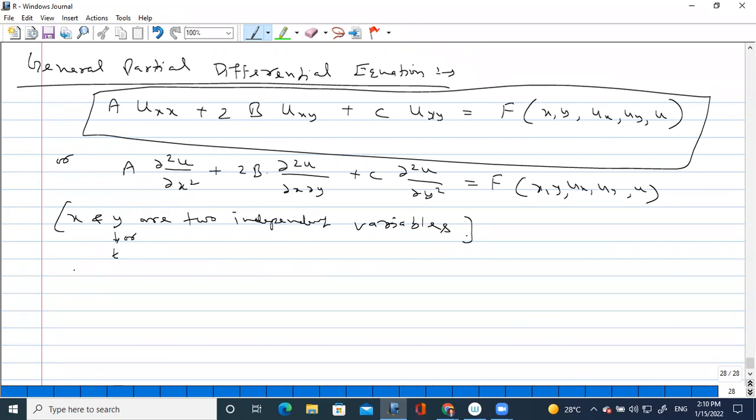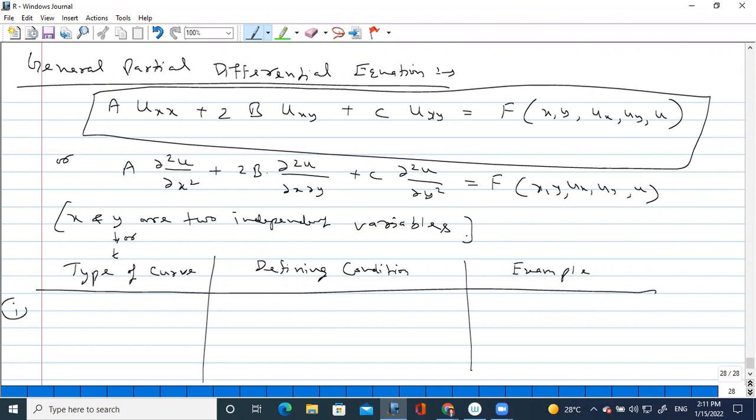Okay, so here, the type of curve this equation will make, the defining condition, that we will write here, and after that, an example of that.